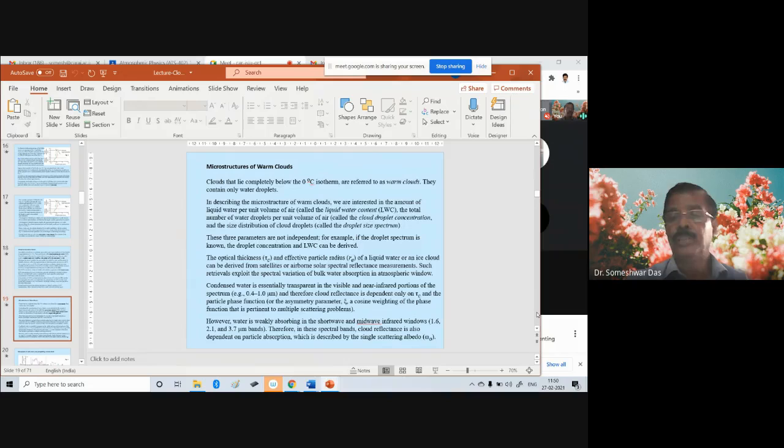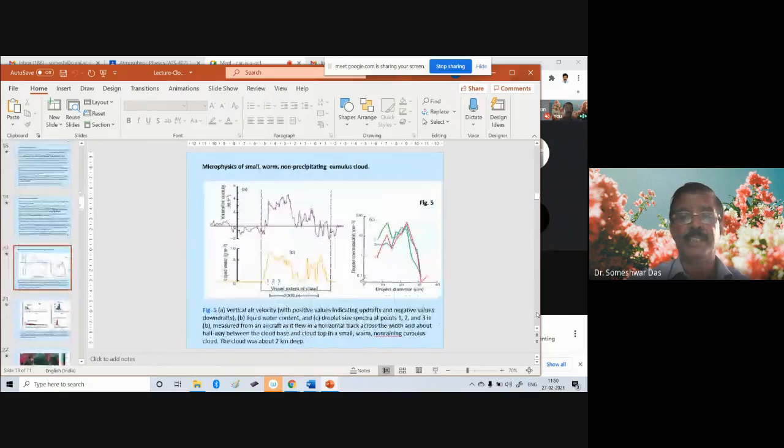So the cloud microphysical parameters computed in this way are also used to compute the radiative fluxes, since some of these parameters are required for that computation.